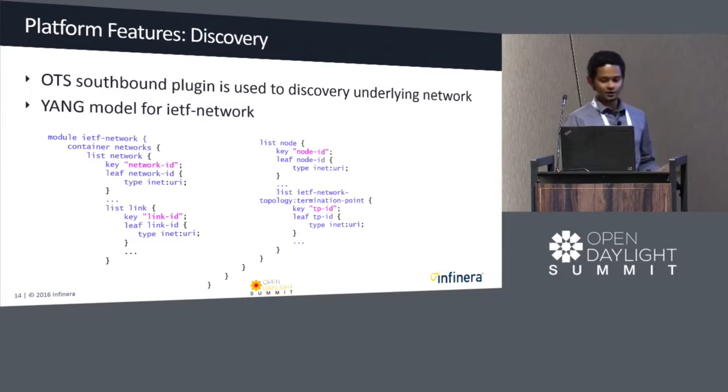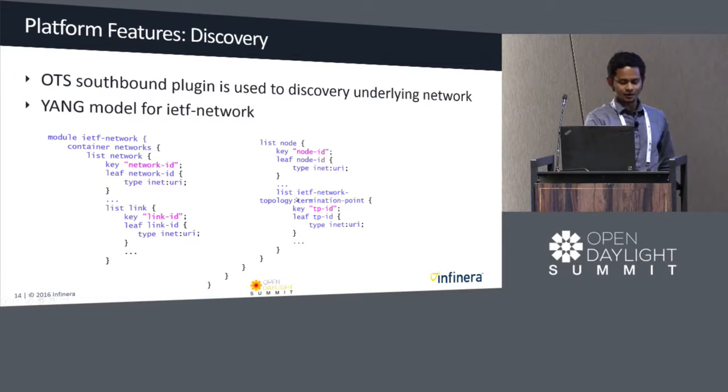So the main feature of the platform is to do, using the southbound, discovery. And here is the IETF network model. The main attributes are that you have a container called networks, inside which there is a list of network. And inside each network, you have the network ID and a list of links and a list of nodes.